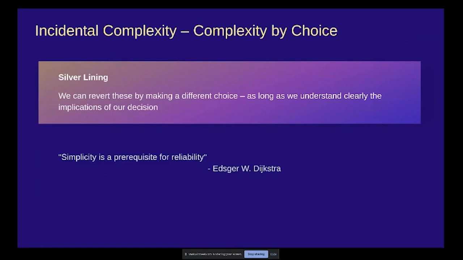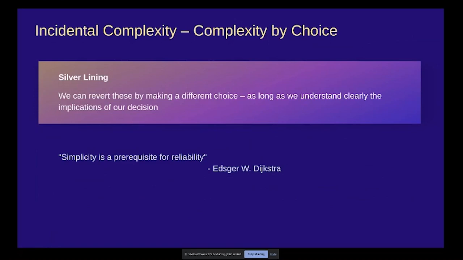I don't want to bring down the room by just talking about how complex it is to build applications in healthcare. But I guess there's a silver lining in that these complexities are introduced through our own choices.